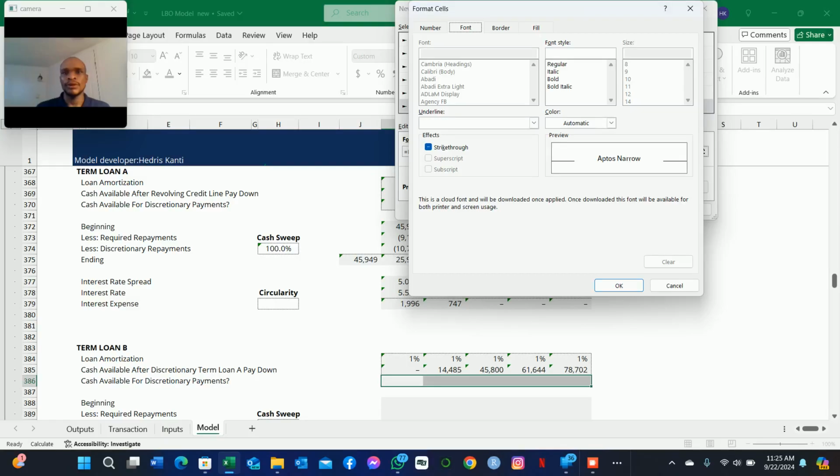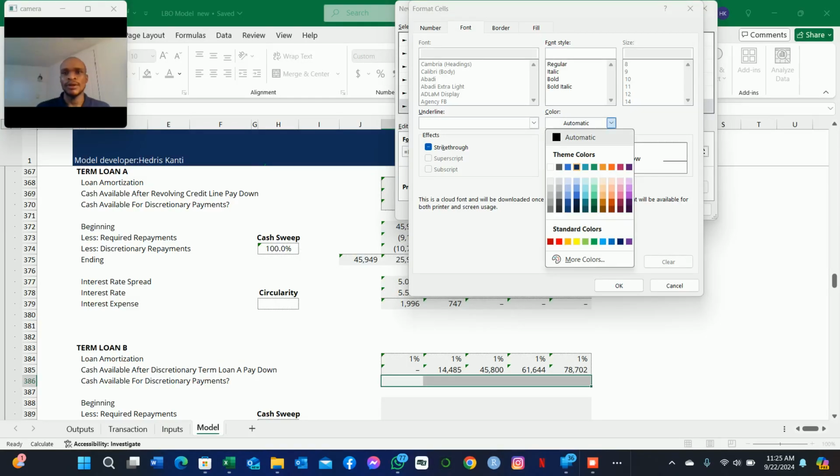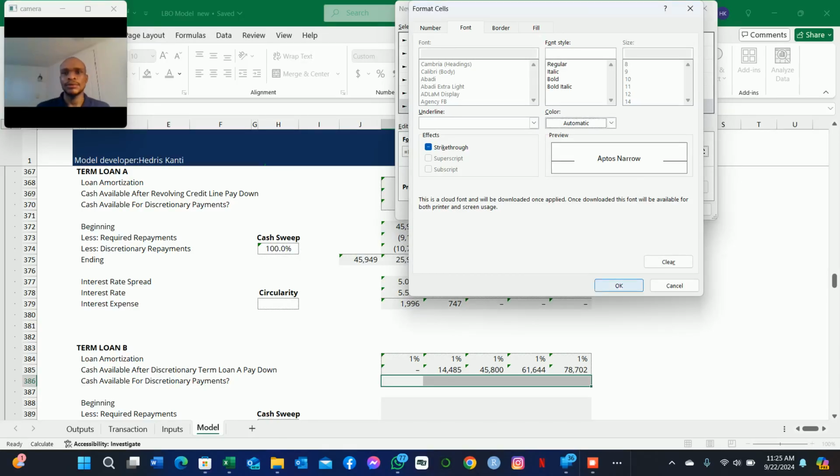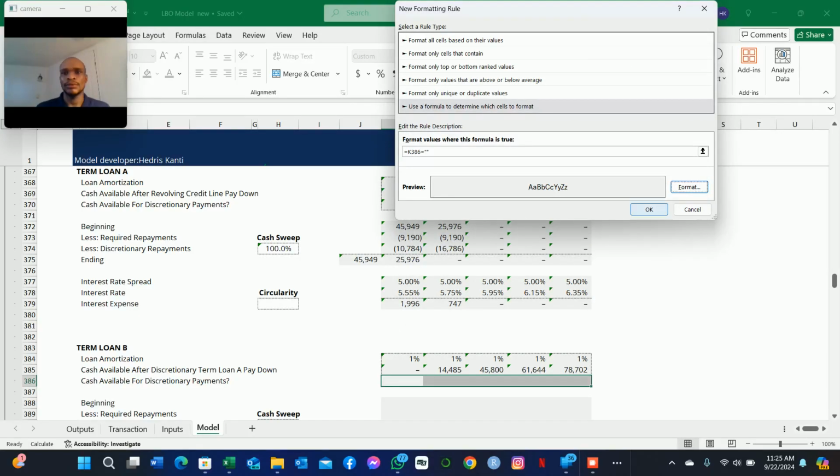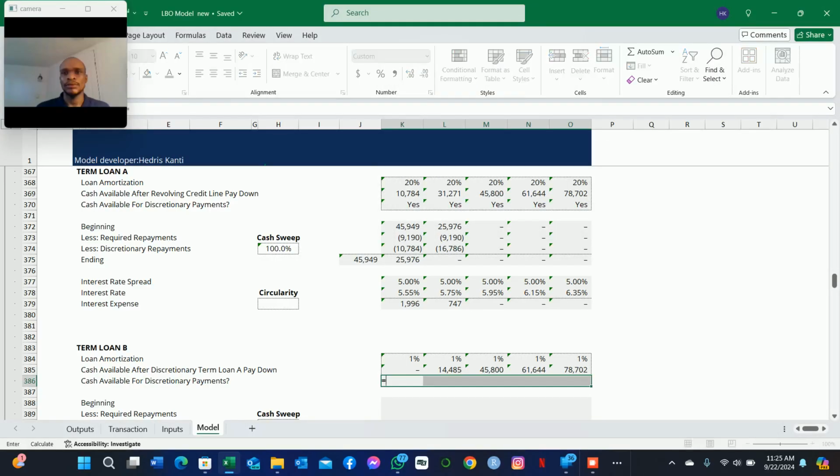In this case, we will just make it black. So we have that set up there.